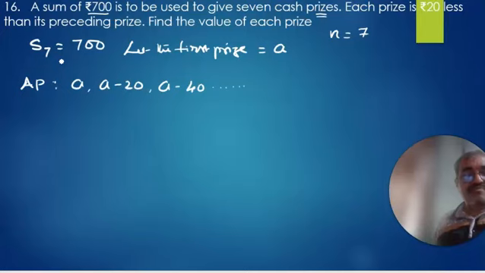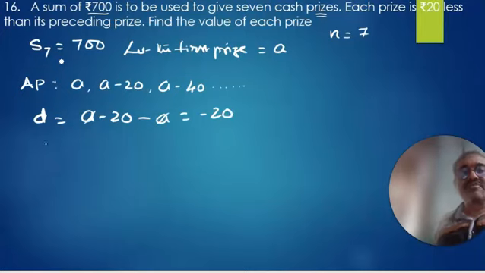Okay, then what is d? d is equal to a minus 20 minus a. So a cancels, this is minus 20. We know that Sn is equal to n by 2 into 2a plus n minus 1 into d.